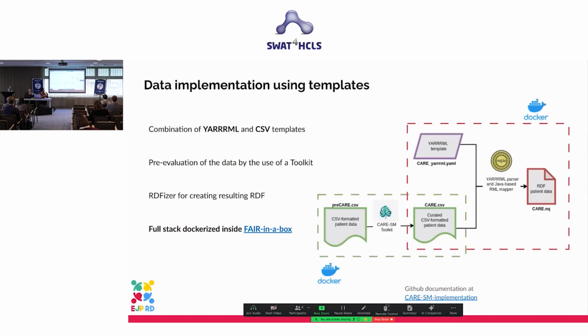The idea is that taking this YAML template, which is the same one for any data element because it defines the same shape, and the curated CSV, a toolkit implemented in FAIR-in-a-Box is capable of transforming your CSV template into a semantic representation of your data defined in RDF.